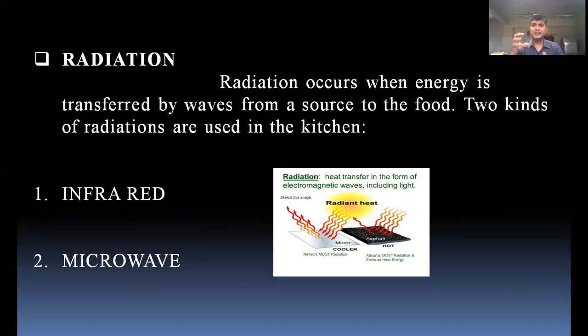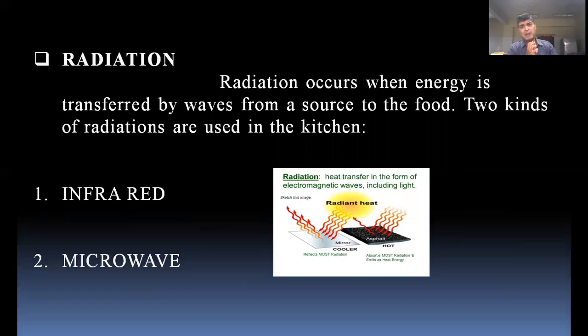The food is midway in the infrared radiation. Once again, in a broiler the element becomes so hot that it gives off infrared radiation, and with the help of that radiation, the food is being cooked.